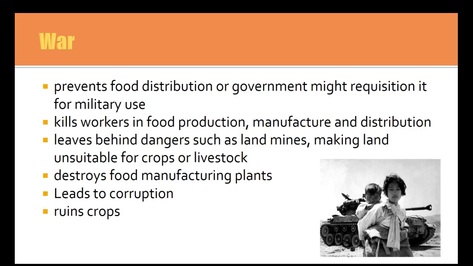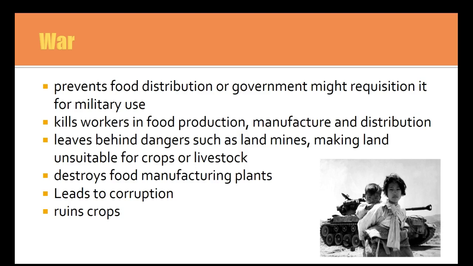This means that no one is able to plant or harvest crops, and therefore a region may develop famine as a result of that. You also have war that leaves behind landmines, which means that some land that could be used for agricultural purposes can't be because it's considered dangerous.